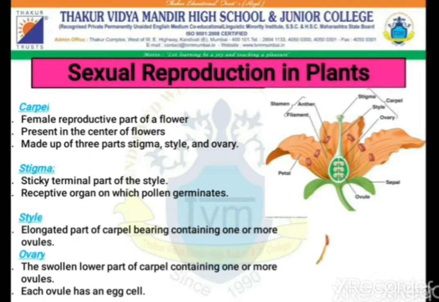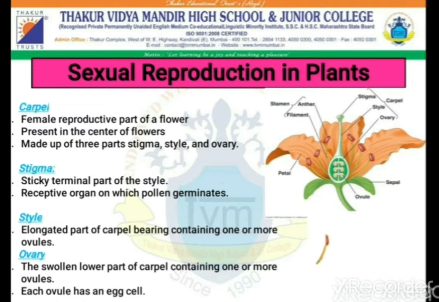So students, we have seen the female reproductive part of the plant that is called carpel. And this carpel contains three parts. The three parts are stigma, style and ovary. Stigma is the topmost sticky part, style is the elongated part, and ovary is the bulging part.